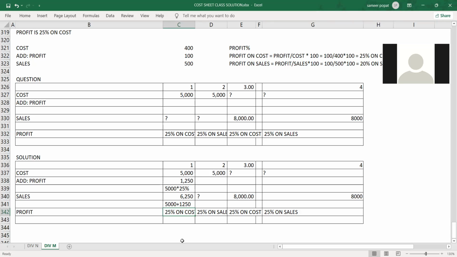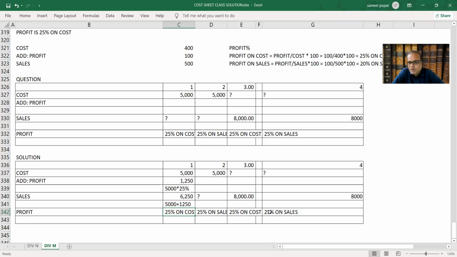Yes, sir. Okay. Now, here in the fourth case, see, sales is given and profit is 25% on sales. So can we directly apply 25% on 8,000? Yes, sir. Here it is 25% of sales and this 8,000 is nothing but your sales amount.